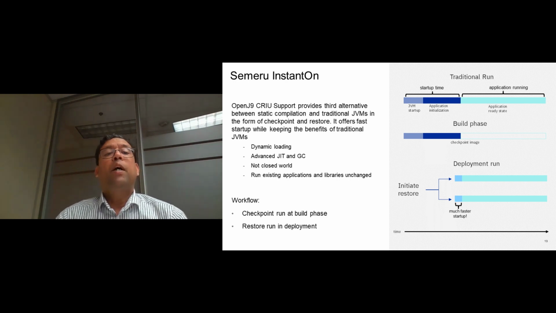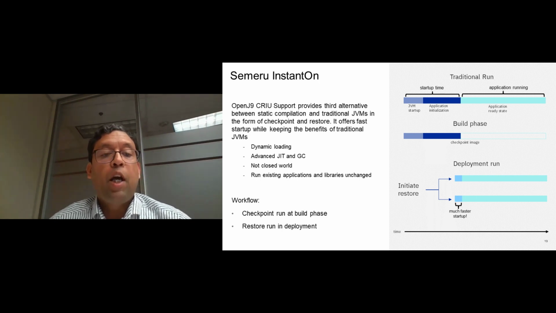So the InstantOn feature in the JDK explores this third alternative, as I said, between static compilation and traditional JVMs, and it uses this checkpoint restore technology offered by Linux CRIU. In particular, it provides fast startup while keeping the benefits of traditional JVMs. So essentially, we're hoping you can have your cake and eat it too.